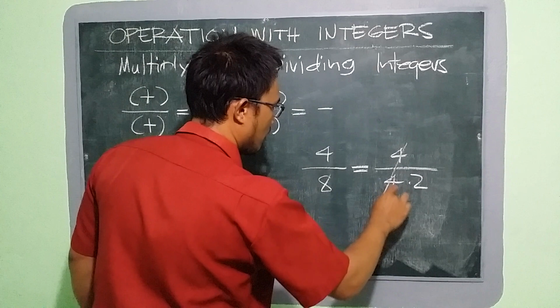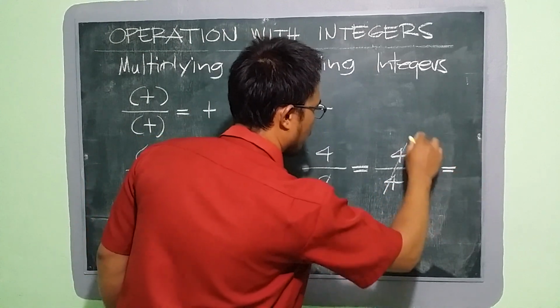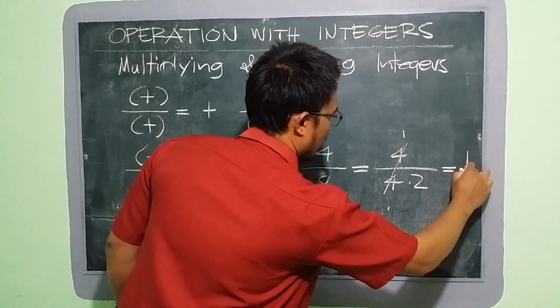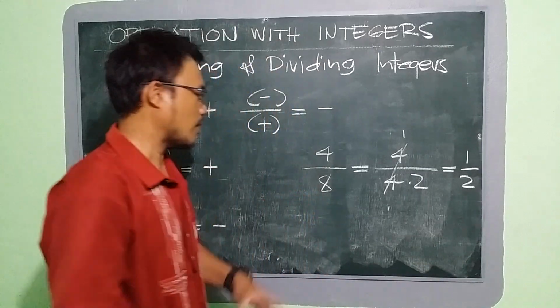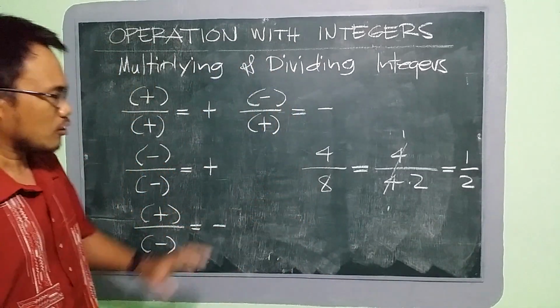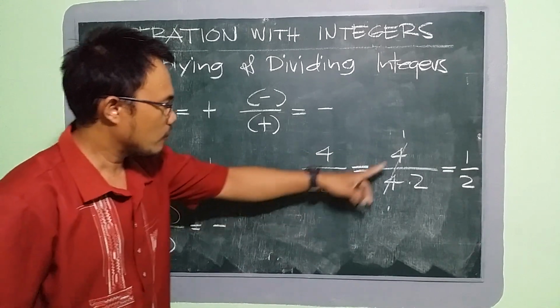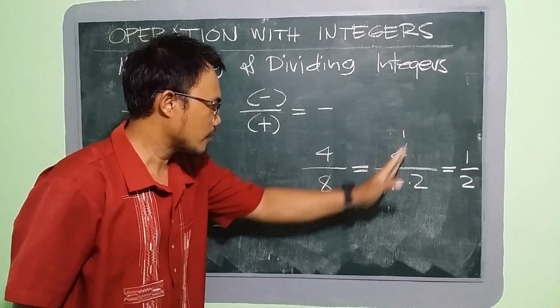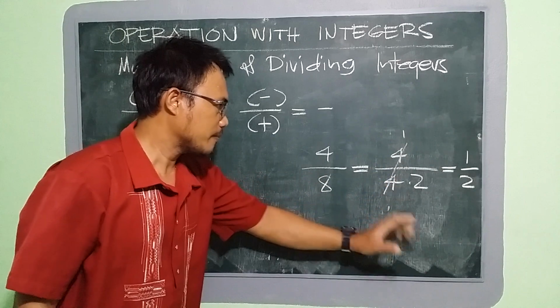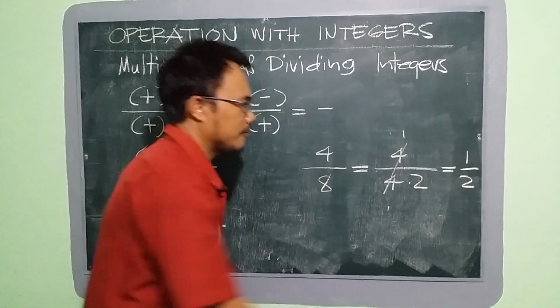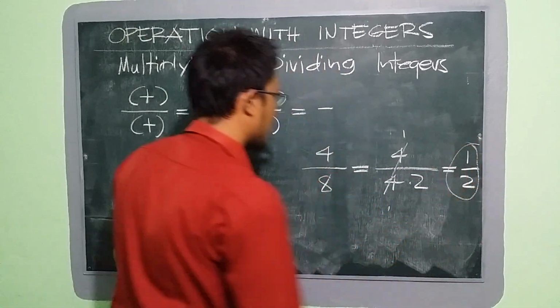So 4 over 8 is equivalent to 4 over 4 times 2. We cancel out 4, that is 1 over 2. Anyway, we're talking about the sign, the result. So the answer is positive.